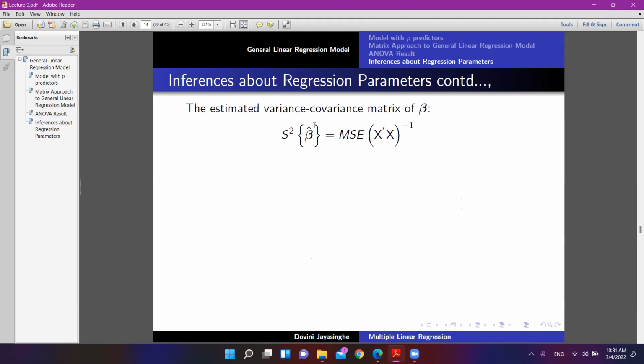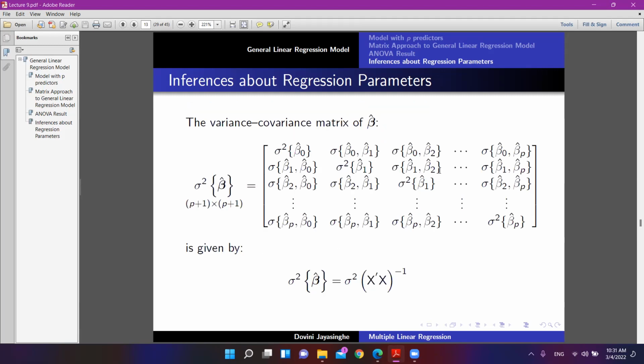This is the estimated value. This is the notation that we have been discussing from the very beginning. So MSE times X transpose X inverse. This is how you estimate the variance covariance matrix. In simple linear regression, we didn't have a matrix. We just had a single value, the variance. Here we have covariance terms as well, because we have more than one beta.